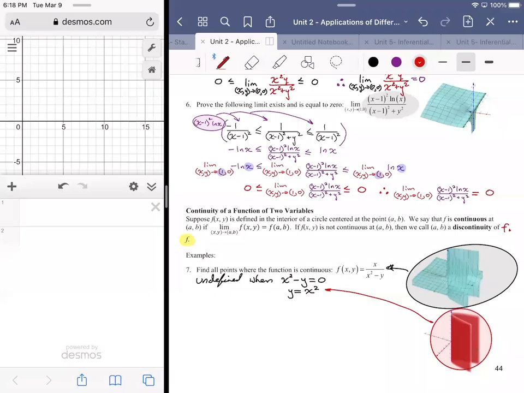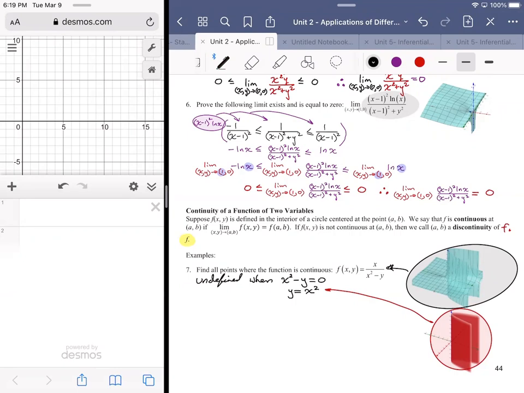We know it's definitely going to play out that way, and all we need to do is make a statement saying that this is where it would not be continuous. If we wanted to actually prove it, it's a little bit more of a journey. It's not really the question that's being asked though.